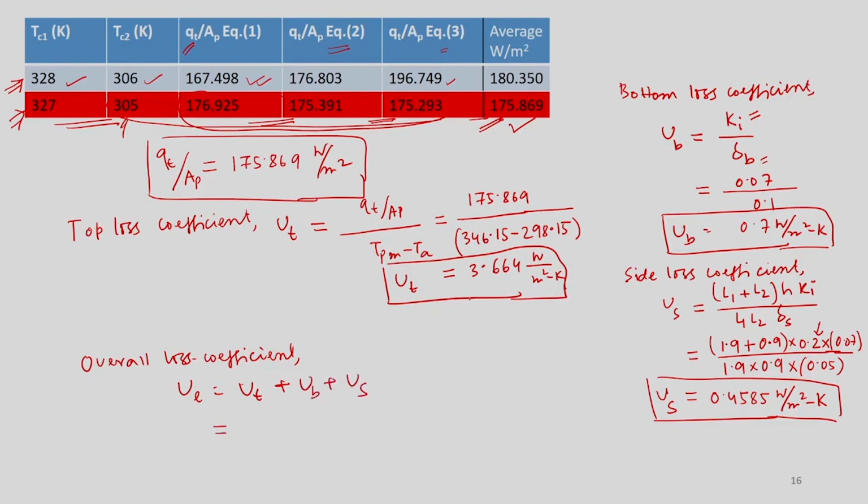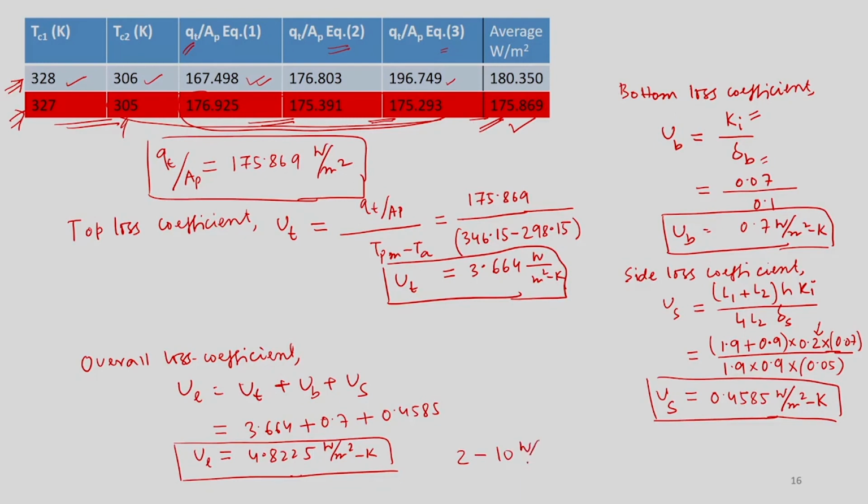So, if we substitute those values, 3.664 plus UB, which is 0.7, plus 0.4585, it is found to be 4.8225 watt per meter square Kelvin. Okay. So, this is the overall loss coefficient which is in between 2 to 10 watt per meter square Kelvin, which is recommended. Okay. So, our design is a good design. Okay. So, losses are not much. So, this design can be adopted.